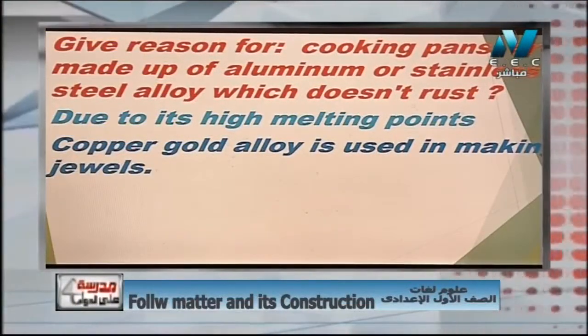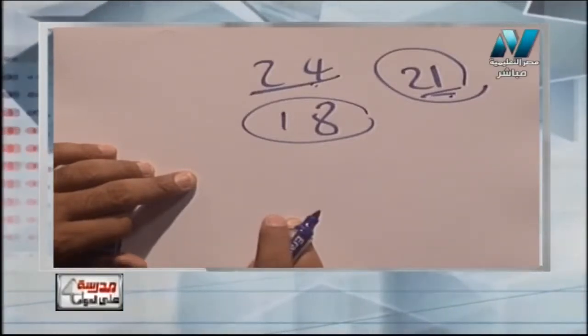Okay, we have many types of gold according to the amount of gold. We have gold 24, gold 18, gold 21. What does it mean? First one, 24, means 24 parts of gold, and the remainder of 100% is from copper. What does 21 mean? 21 parts of gold, and the other is from copper. 18 parts of gold, and the other is from copper.